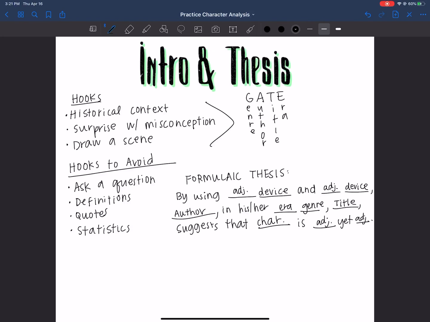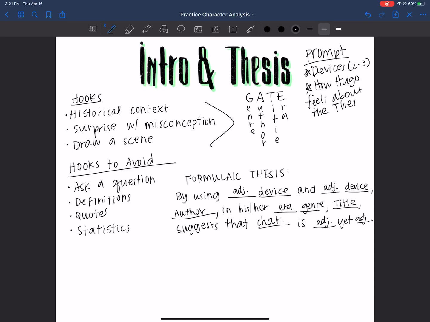It has all of the GATE information, it is a complete sentence, it is only one sentence, and it has both parts of the prompt. Remember, we need to have our devices, 2 to 3 of them, and how Hugo feels about the Thénardiers.